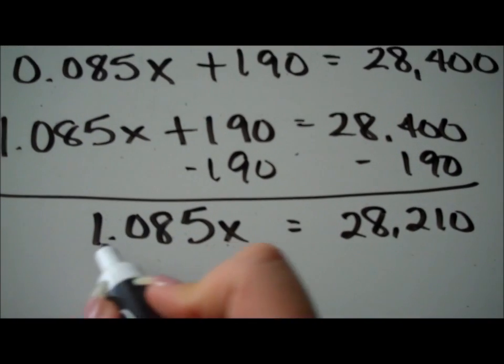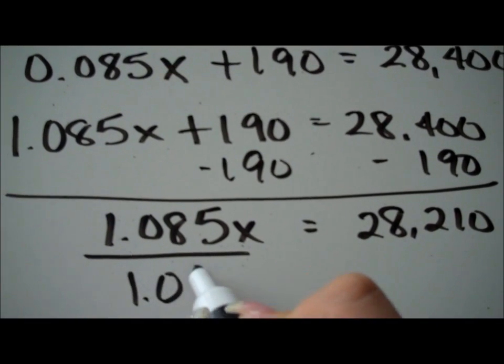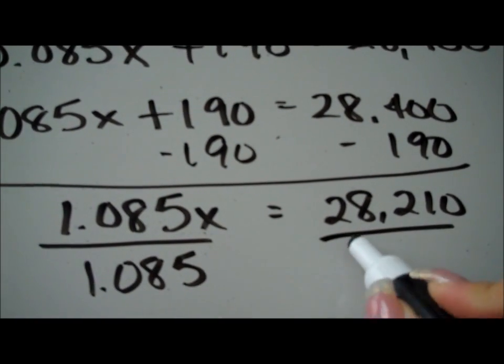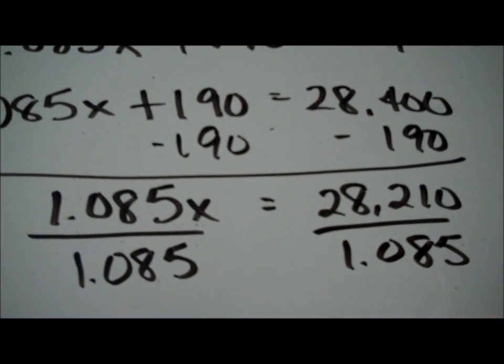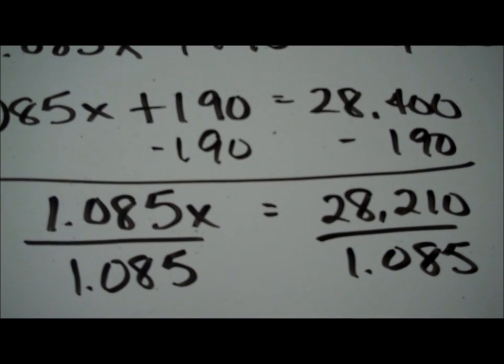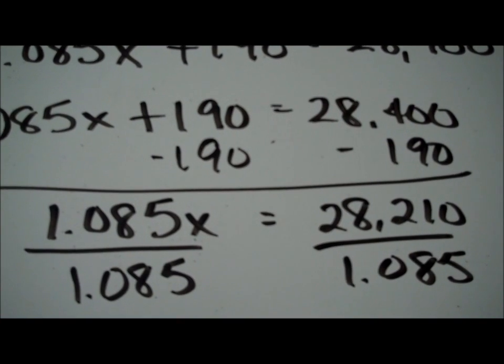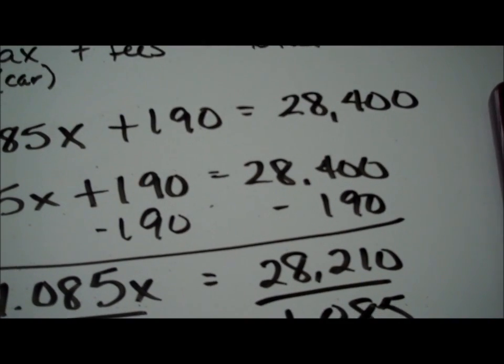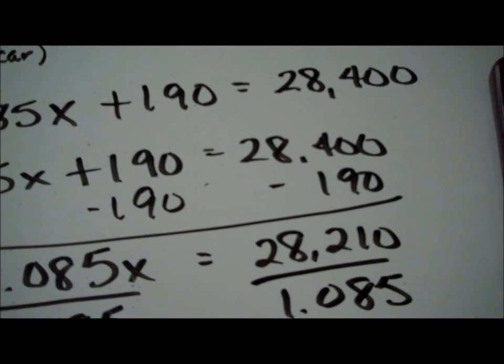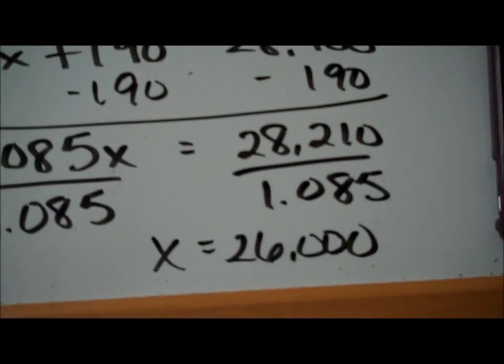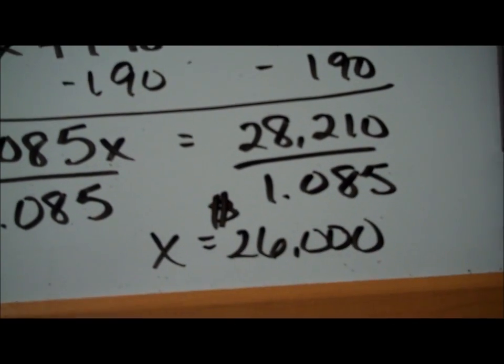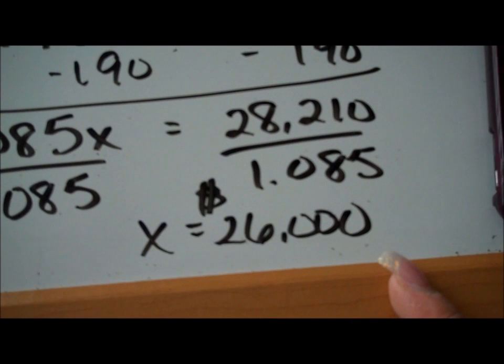In order to solve for x, I have to divide both sides by this decimal. And I get x is 26,000. Okay? Dollars.